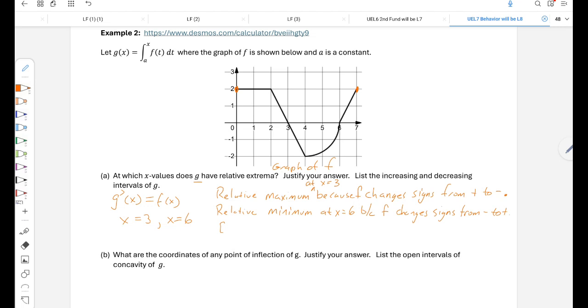The question being asked, the function being asked. 0 to 3 and 6 to 7, correct. So then it must be decreasing in the middle, which is 3 to 6.